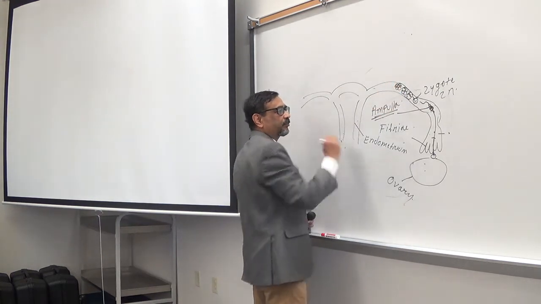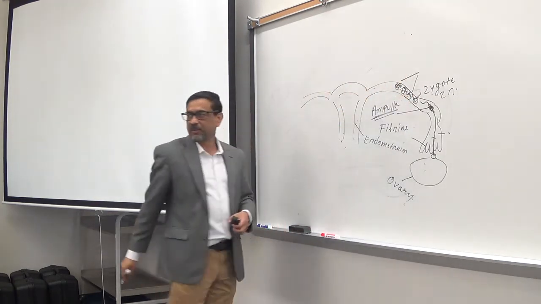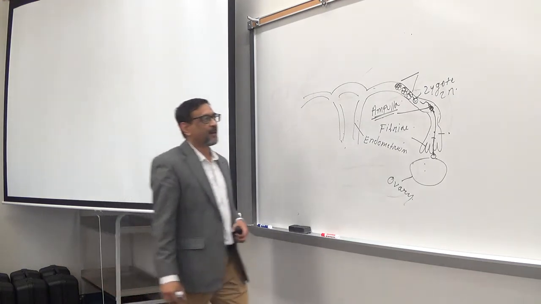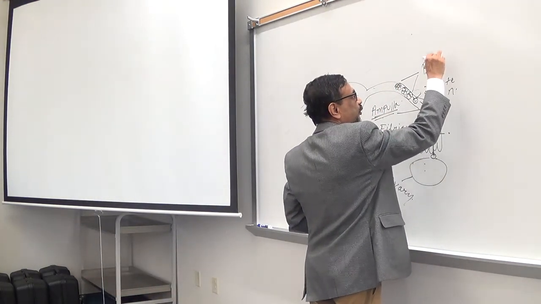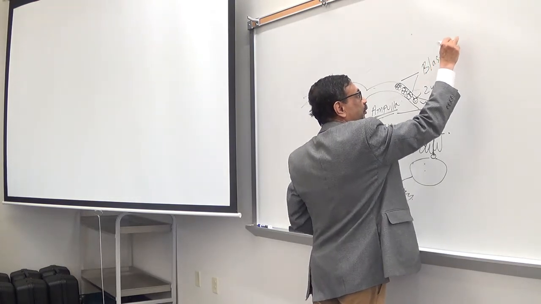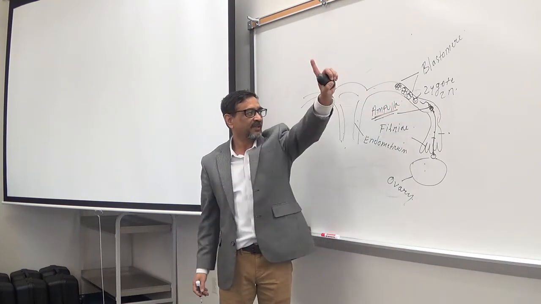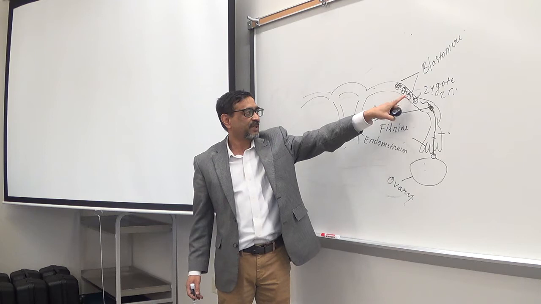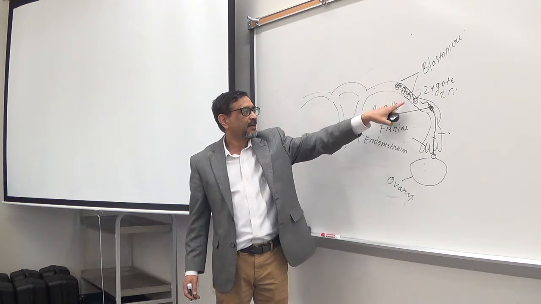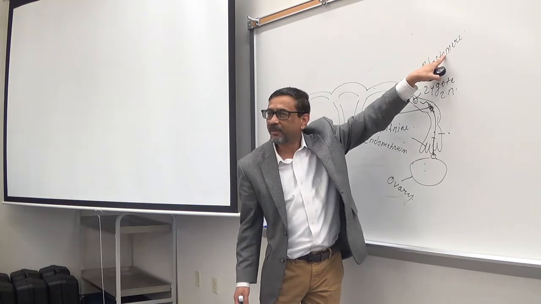These 2 to 8 cell stages are called blastomere. So the zygote is a 1-cell fertilized egg, and then it divides by mitosis. First 2, 4, 8. All these stages are called blastomere. Make sense?